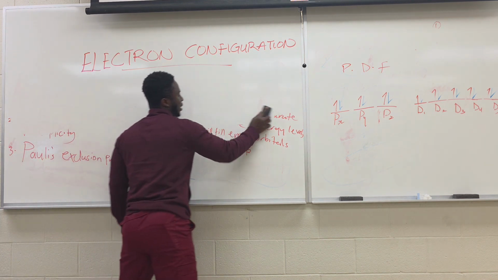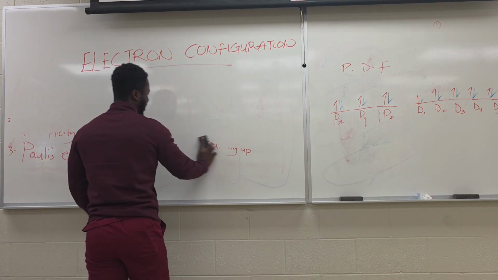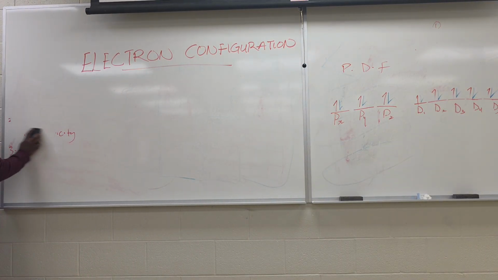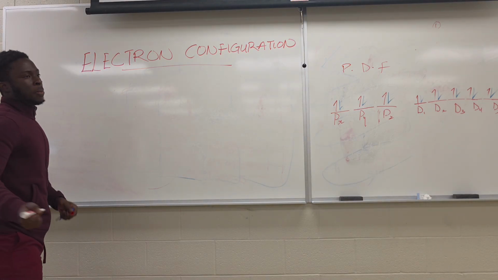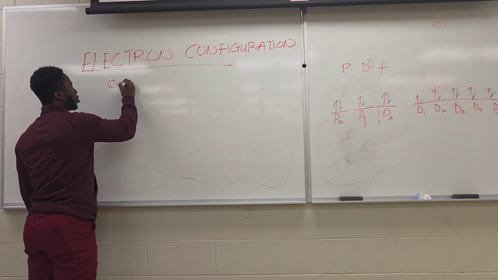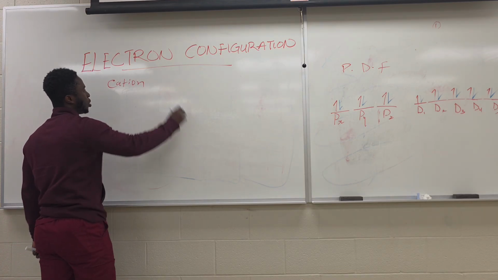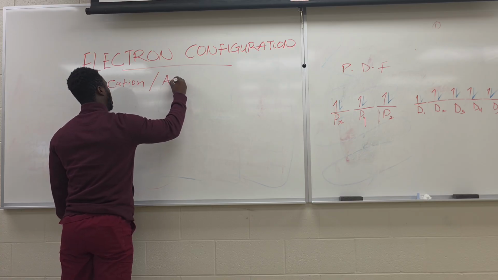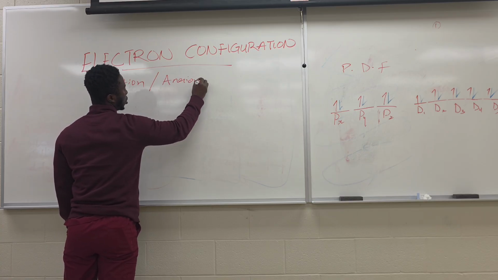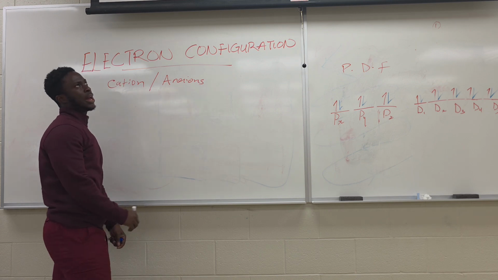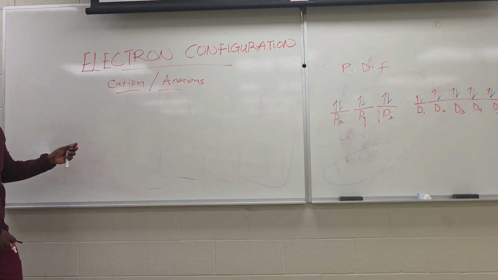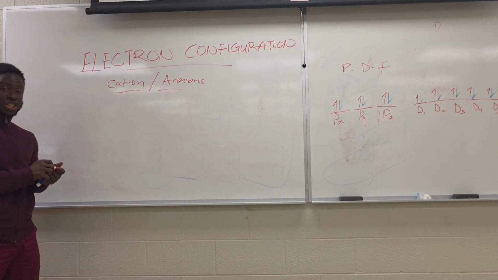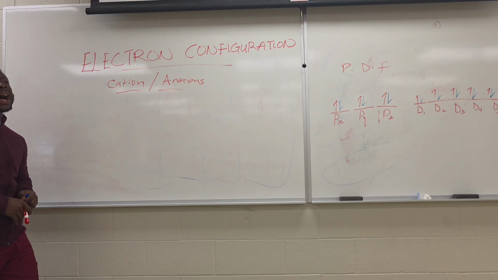The exceptions, not really exceptions, but basically rules and common sense ways. If we are filling cations, positively charged particles, or anions, that's how it's spelled. Anions. So cations, positively charged species, means that they lose electrons.